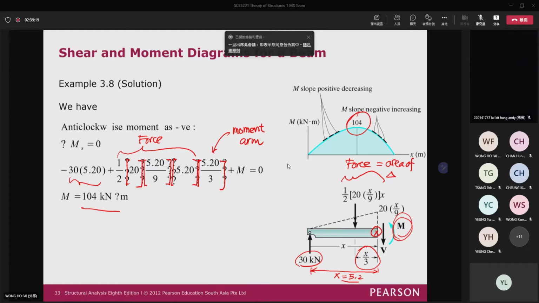Because when the slope of the bending moment diagram is equal to 0, that means the shear force is equal to 0, right? So you just need to find where the shear force is equal to 0. Then it is the location of maximum bending moment.